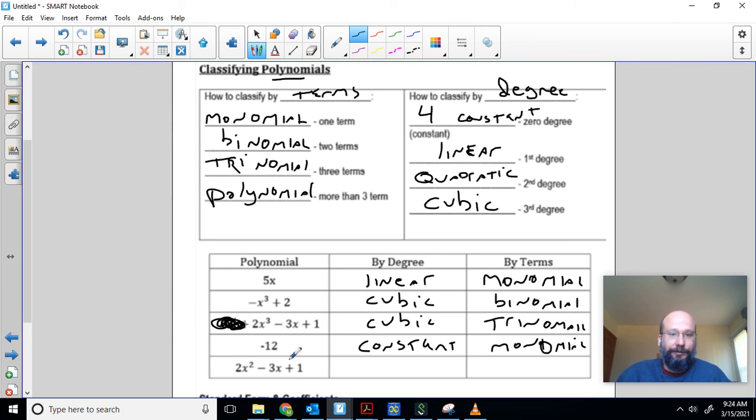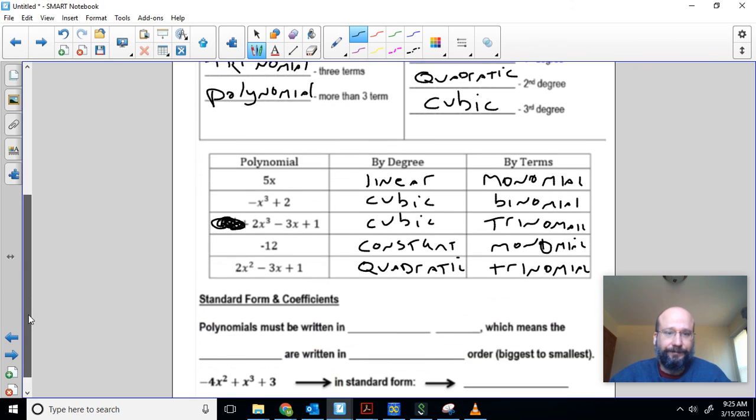And the last one, 1, 2, 3 terms, so that's trinomial. And the highest exponent is a 2, so that's quadratic. Again, there's no math here. It's just remembering terms and what they mean.